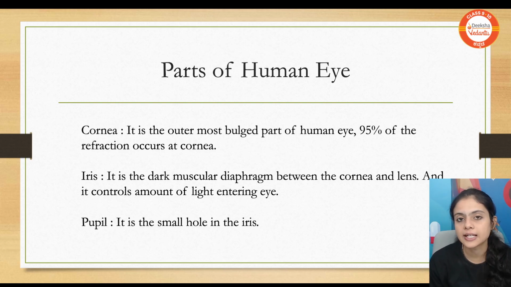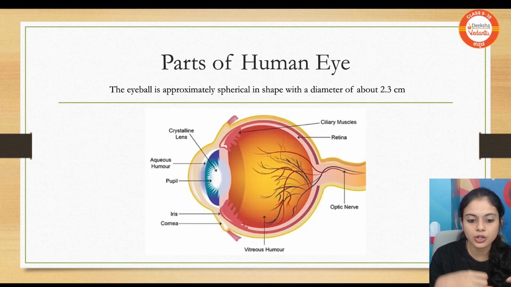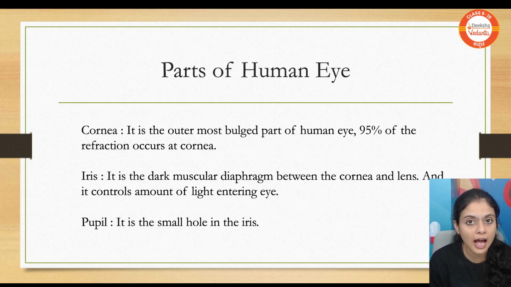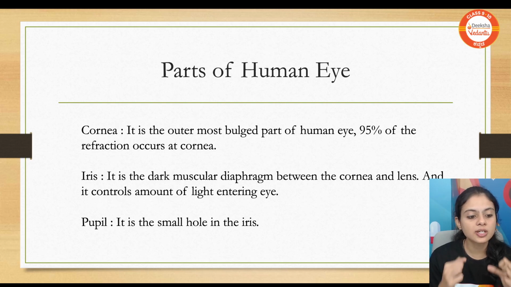Okay, iris. What is the iris? Over here you can see the iris is nothing but the diaphragm, the dark muscular structure which controls the amount of light entering our eye by expanding and contracting. So let me explain it in more detail. See here, the iris is a dark muscular diaphragm between the cornea and lens.